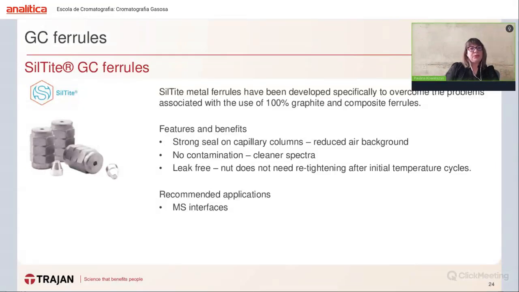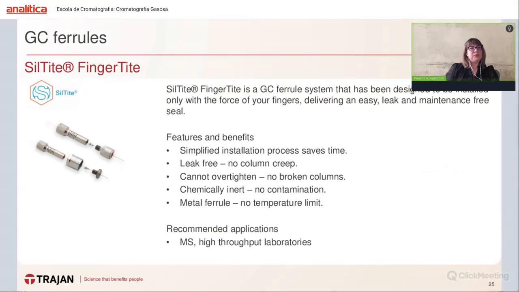And we do have those ferrules also available in a siltite finger-tight version. So the finger-tight, as the name says, they can be fitted by hand without any tools. So this will minimize the possibility of over-tightening the ferrule.